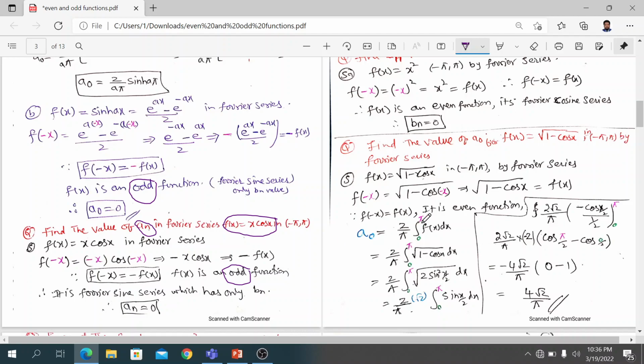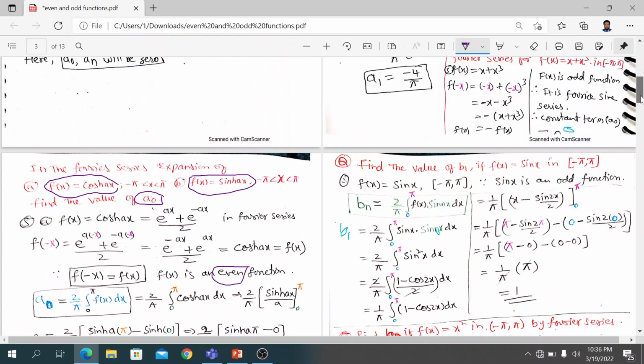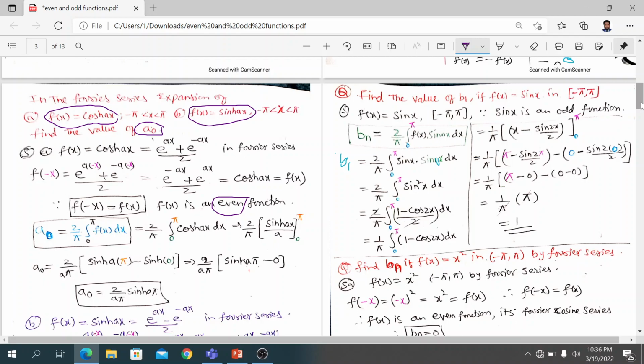Now next question. Find the value of b1 if f of x is equal to sin x in minus pi to pi. As we know, sin x is an odd function.